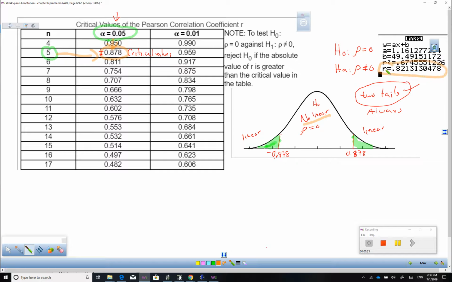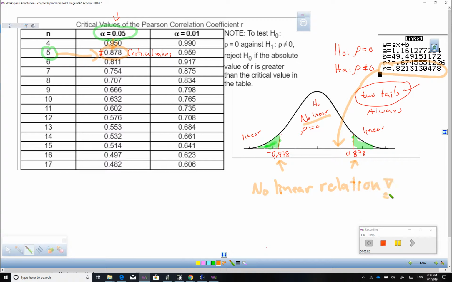From our calculator, we obtain this correlation coefficient, and this number falls in the nonlinear region. 0.821 is actually before the critical value. These are the critical values. If you obtain something out here, that would be a linear relationship, but you obtain this coefficient, so there is no linear relation.